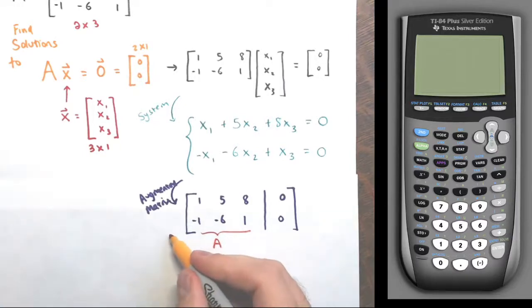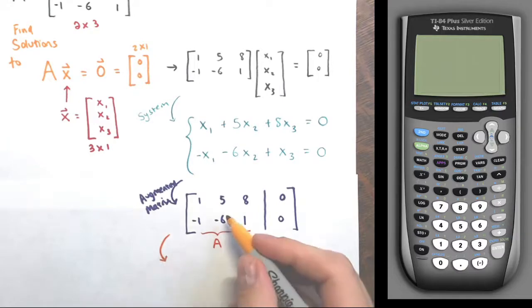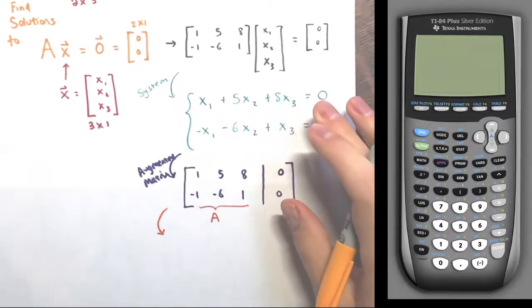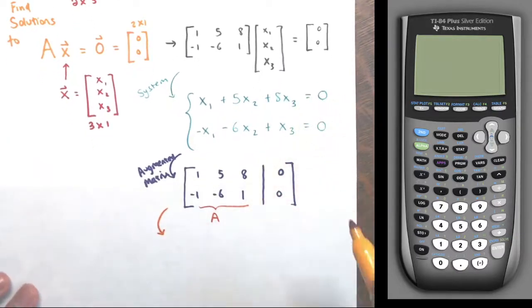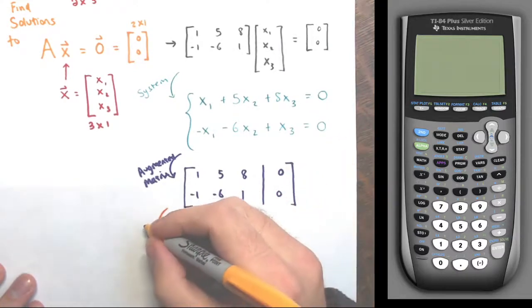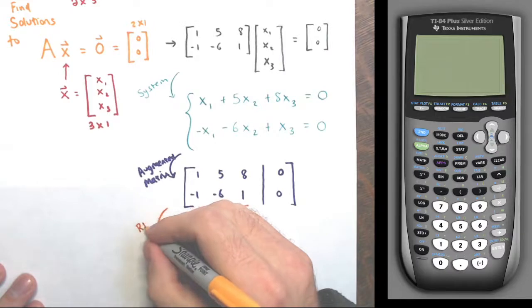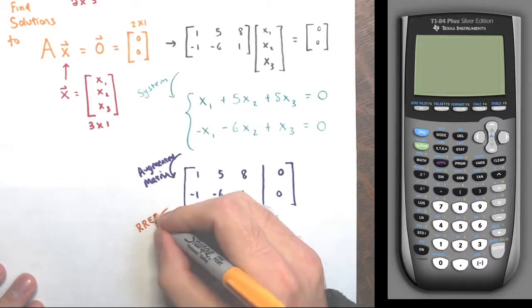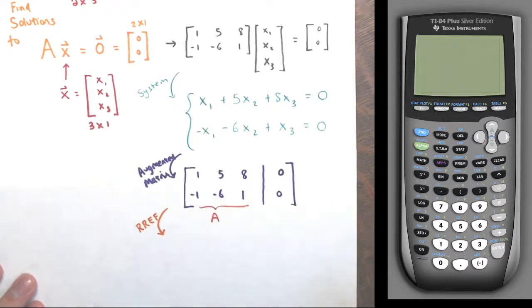Alright, so now I'm going to do that here. Now this only has a couple rows, so I can do this one by hand, though if I have a calculator ready I'll be using that more often in the future examples. So I'm going to put this into reduced row echelon form, RREF. Again, this time I will write the zeros.